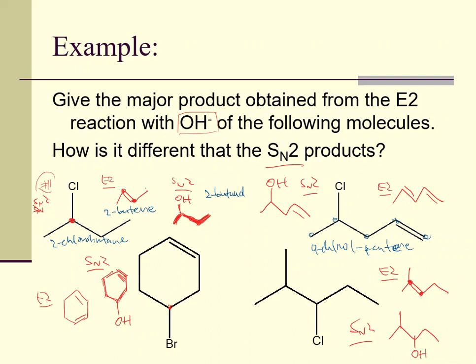Well, what if we had to name that E2 product? 1, 2, 3, 4, 5. This is a penta, but it's a diene because there's 2 double bonds. And that diene happens at spot 1, 2, and 3. 1,3-pentadiene.